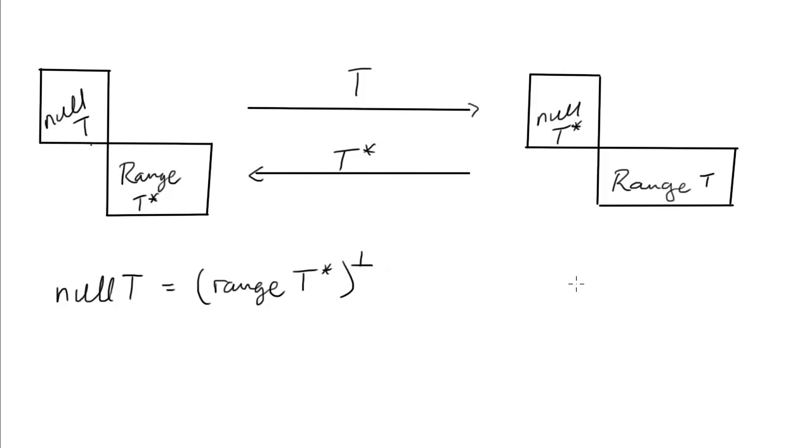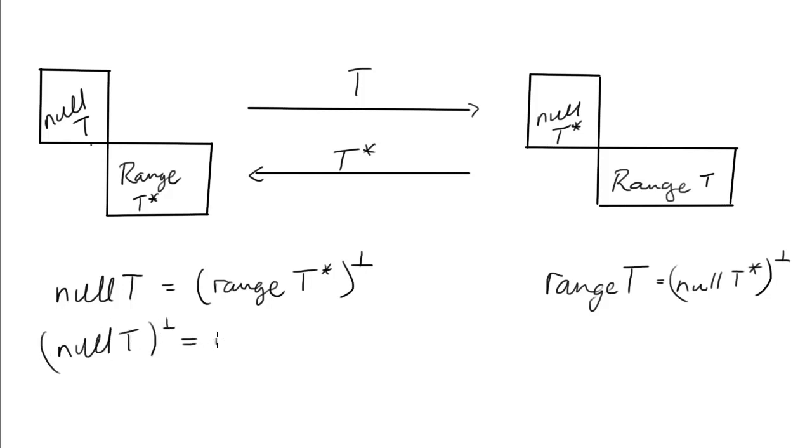The proof will be an exercise, but it's not hard. You just write down the definition of adjoint and it's almost immediate. And once you get one of these relationships, all the others come pretty quickly.